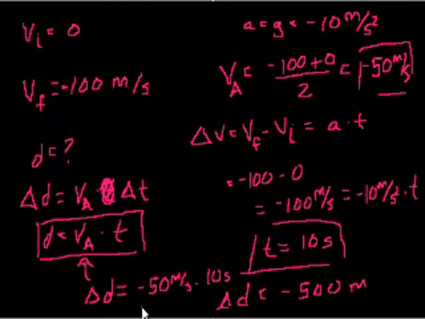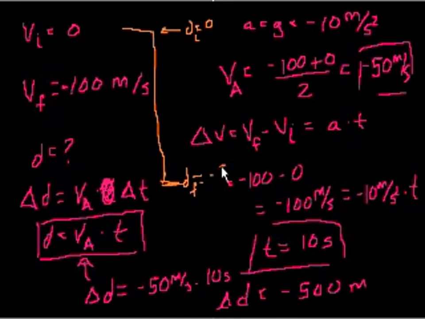So if we have a cliff, let me change color so that it looks like a cliff. If we assume that this point right here is distance equal to 0, then the ground, if this cliff is 500 meters high, this is the initial distance, your final distance, df, is actually going to be at minus 500 meters.